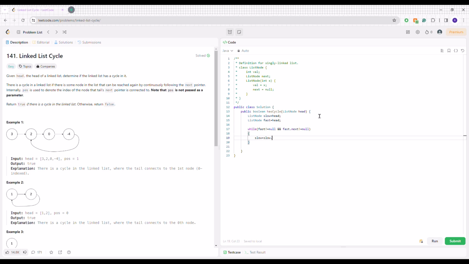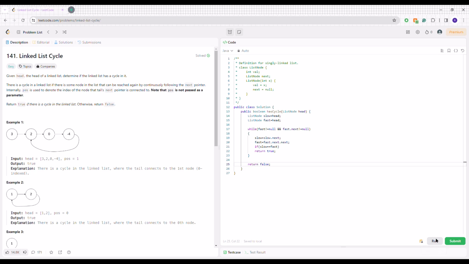Slow is equal to slow.next, and fast is equal to fast.next.next. If slow is equal to fast, we can return true because there would be a cycle. Else, if it comes out of the loop, we need to return false.